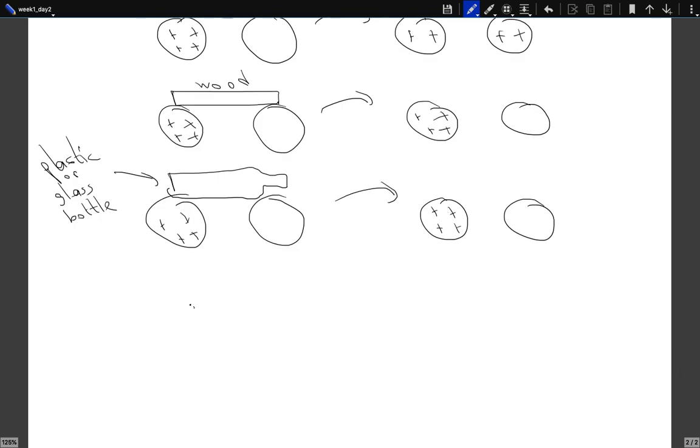Well, so coins, you put a coin on top. It's a metal.